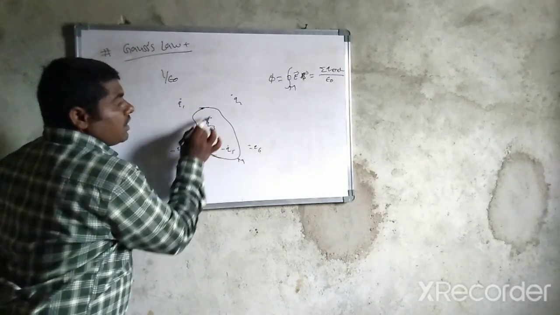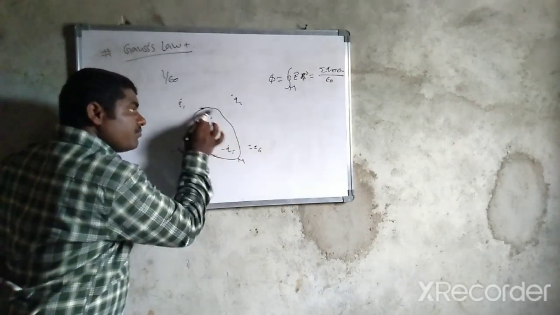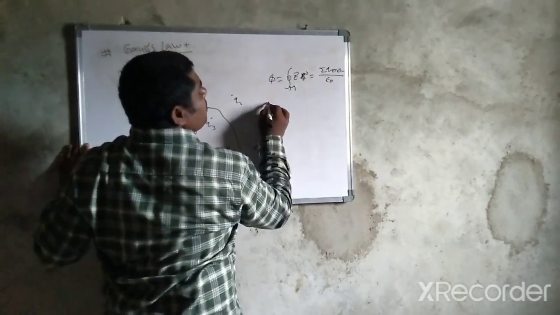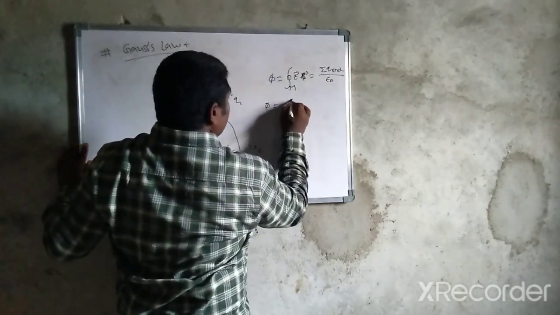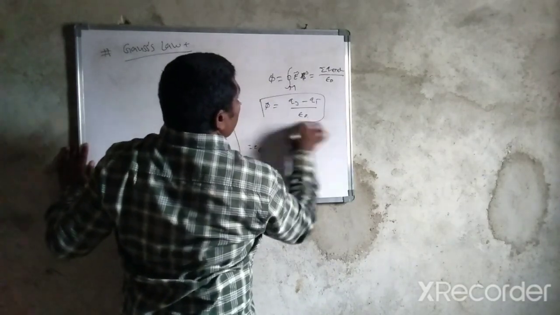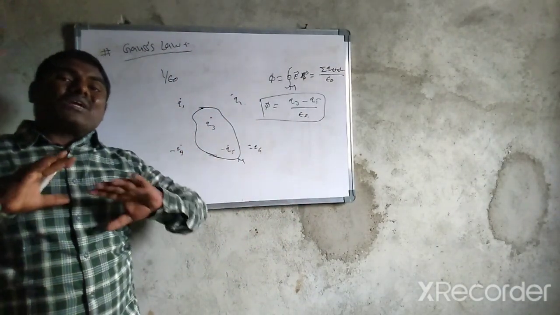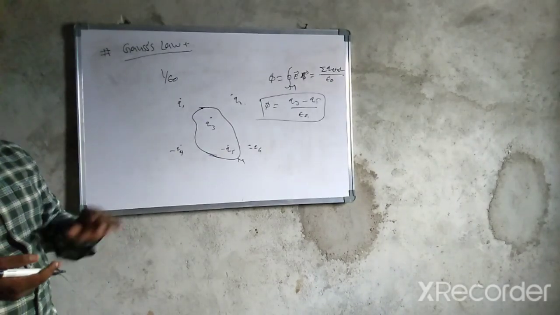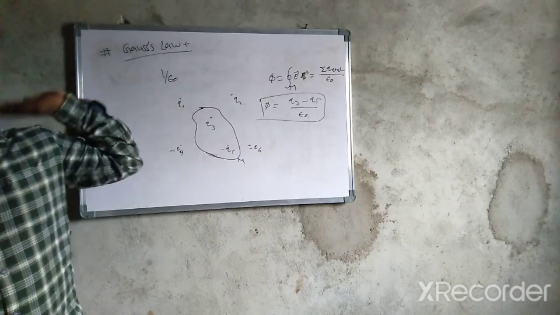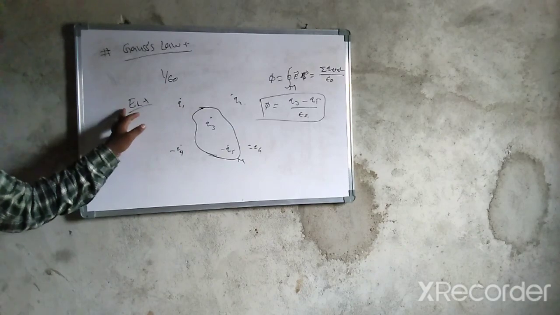According to this law, only the charges enclosed by this closed surface count. It means flux is equal to Q3 minus Q5 divided by epsilon naught. This is one example.